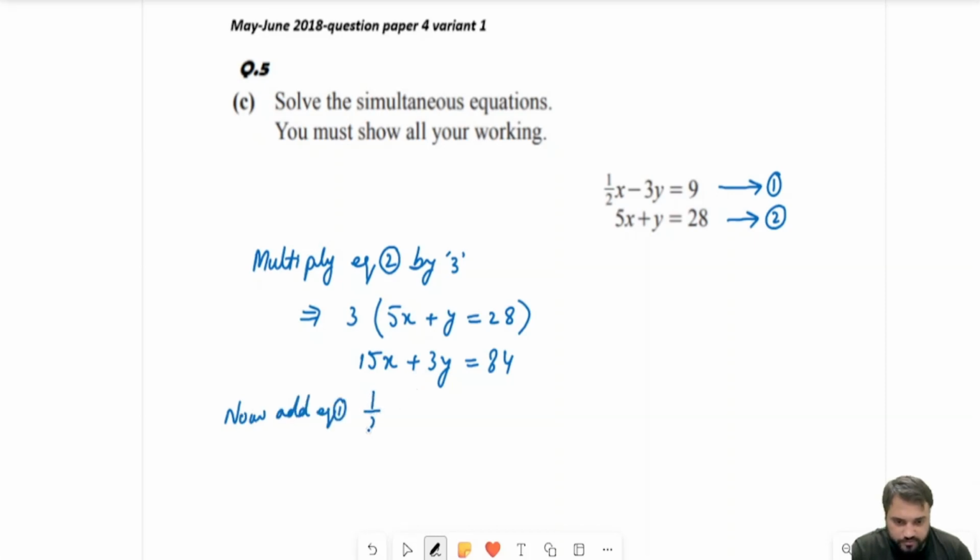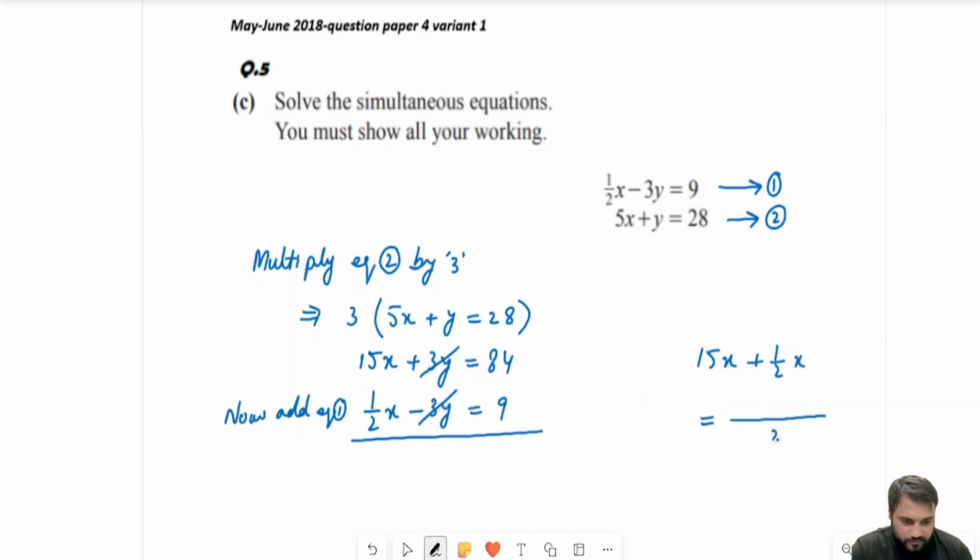Now half x minus 3y is equal to 9. Adding, the 3y terms cancel, and we have 15x plus half x. Take the LCM in order to solve them. The LCM will be 2.